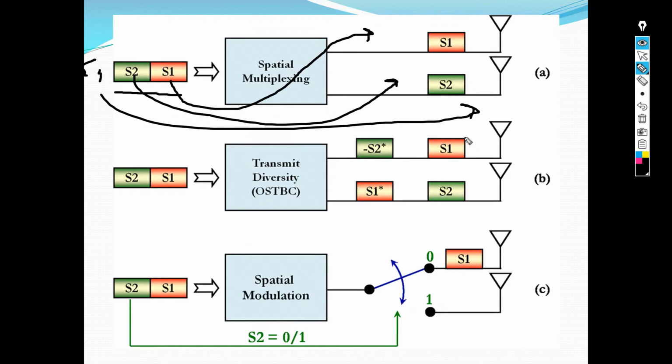Now, you tell me this is great. I mean, in the case of beamforming, I'm sending only one stream. Here, I'm sending multiple streams simultaneously to the receiver. But why didn't we use this technique a long time ago? Spatial multiplexing started to appear in the literature around 1996, 1990s and 2000.